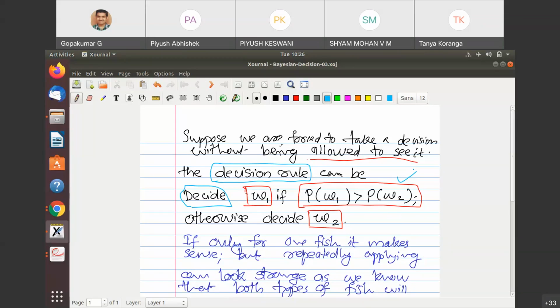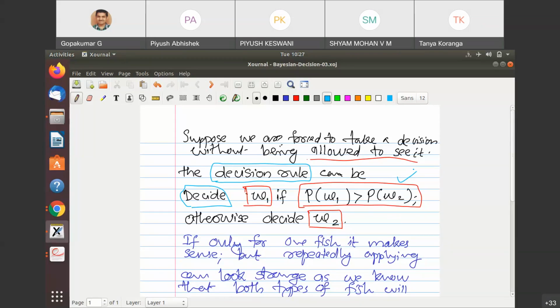Similarly, if W2 is larger, then we change the rule: if P of W2 is greater than P of W1, then our decision will be W2. That is going to be the prediction by the model. So that is the simplest decision rule that we can formulate using probability.